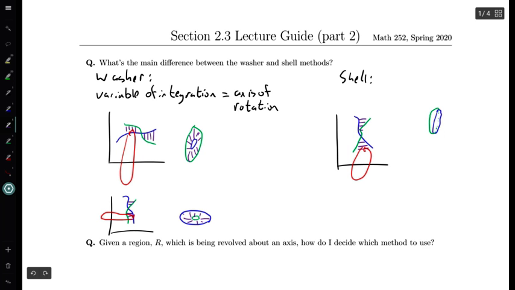And then the purple horizontal lines correspond to the width of this band that I'm drawing here. Similarly, in the rotation about the y-axis case, I have, again, a couple of functions.